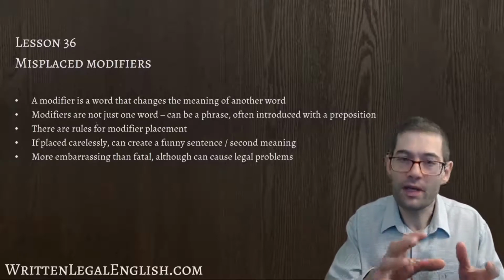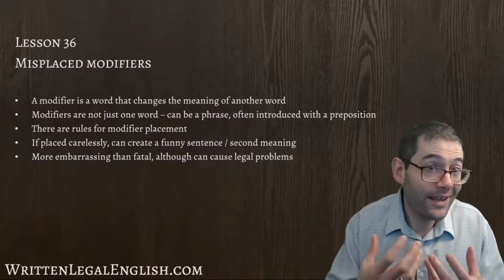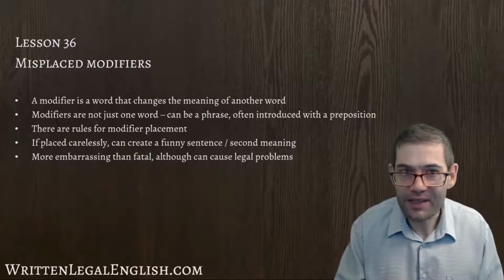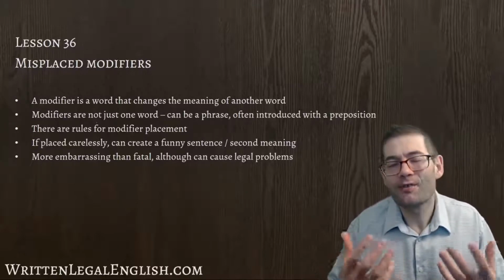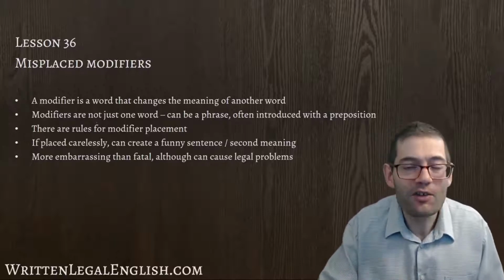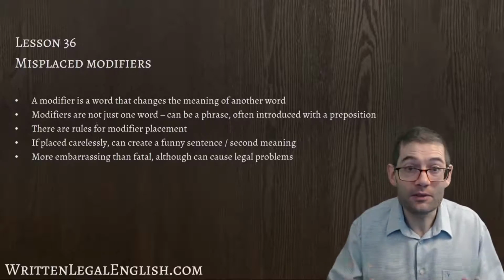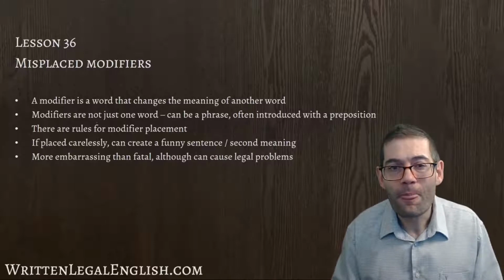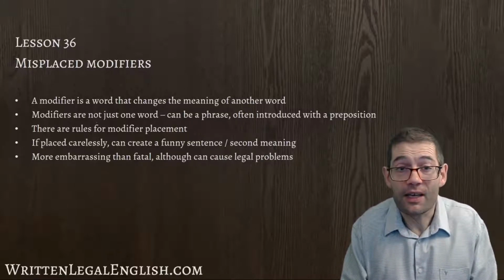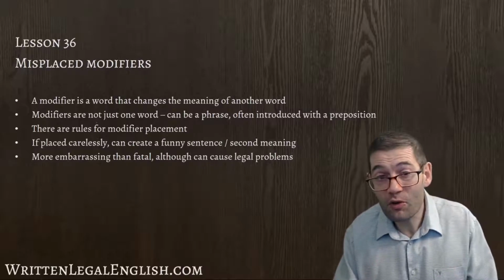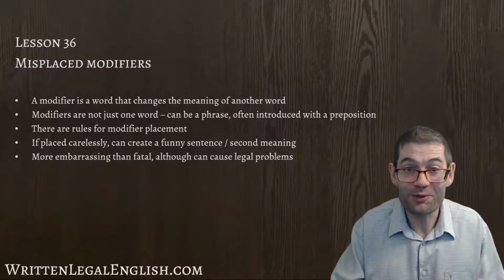If you don't put it in the correct place, then the effect is that you can create a funny sentence or a funny second meaning, which is going to create more embarrassment more than a fatal legal problem. So that's the introduction to a misplaced modifier. It's a phrase which is put in the wrong place, which can cause embarrassment.